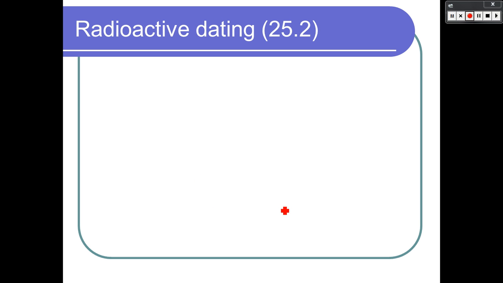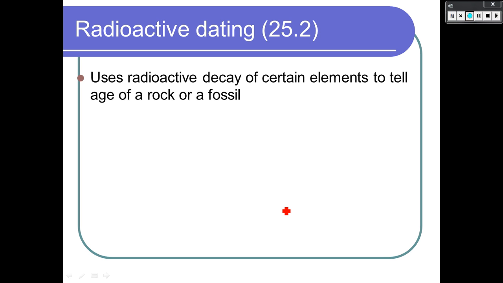So let's talk briefly, because I mentioned it before, about radioactive dating. And this again is where you hear scientists say, you know, this rock is this many millions of years old, or this fossil is this many years old, or whatever. And it has to do with tracing how radioactive elements have decayed over time, because they do it in a very regular manner, and we'll look at that in more detail in class.